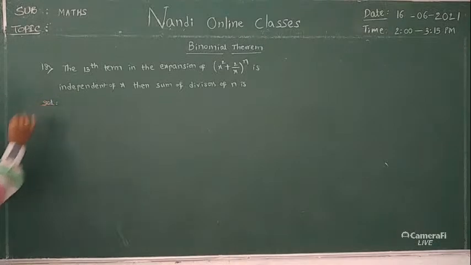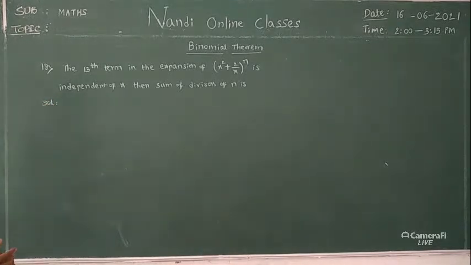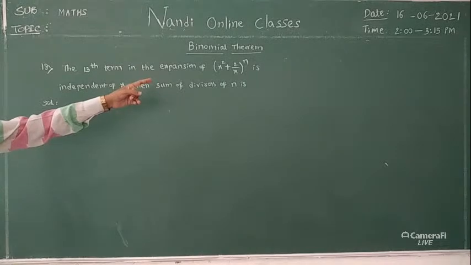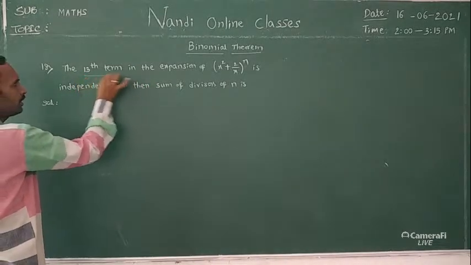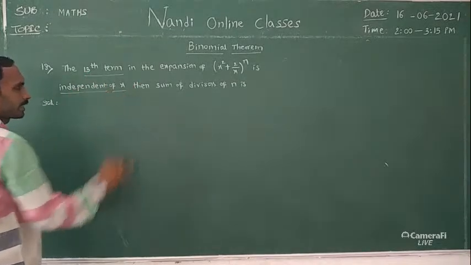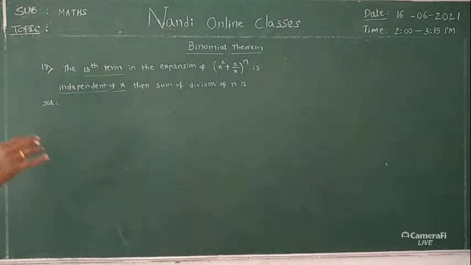okay, solution. Understand the question. The 13th term in the expansion of x square plus 2 by x whole power n is independent of x. Here one binomial term is given. In that binomial expansion, the 13th term is independent of x, which means a constant term.